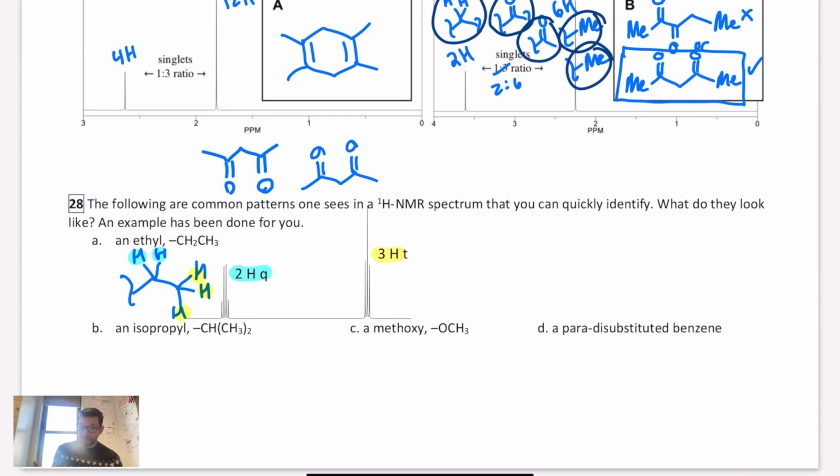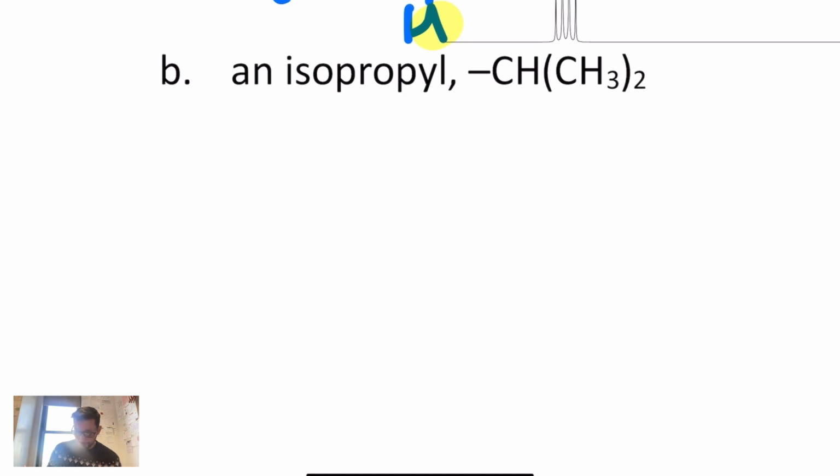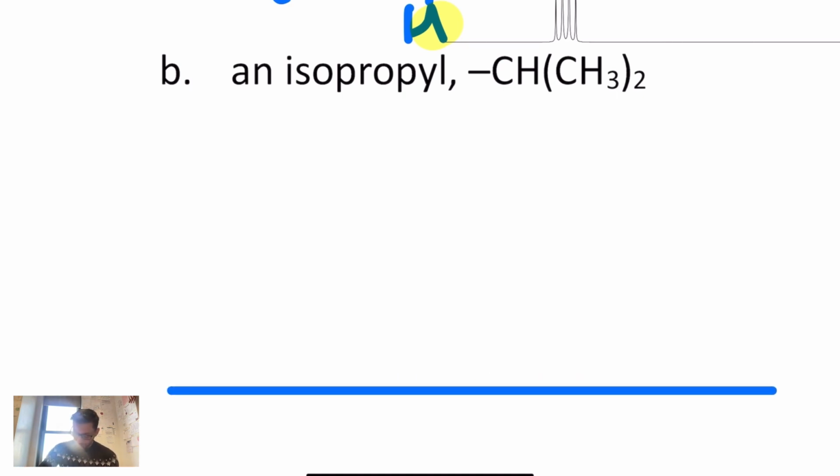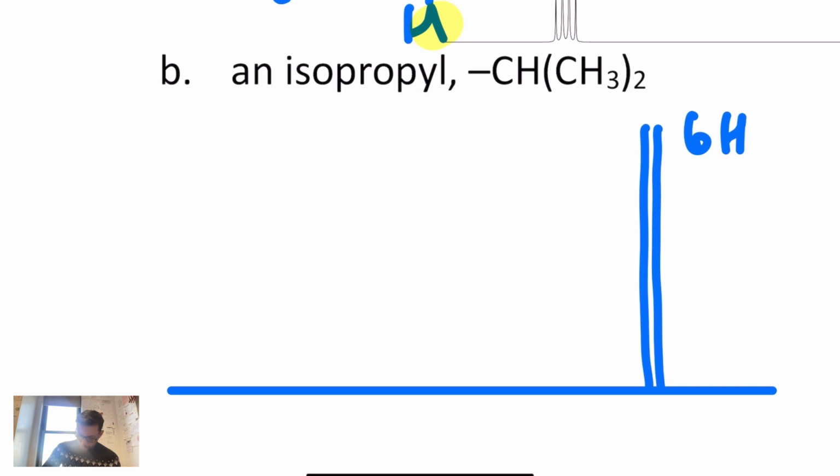Okay, we've seen all of these before, so hopefully you just drew on things you've seen in class. An isopropyl group will always have a large doublet integrating for 6, paired with a small multiplet, at least a septet.